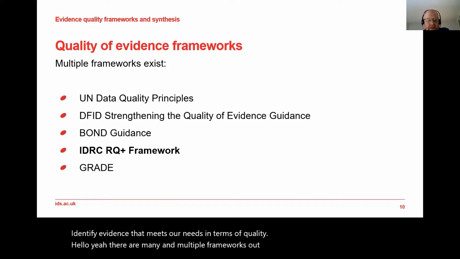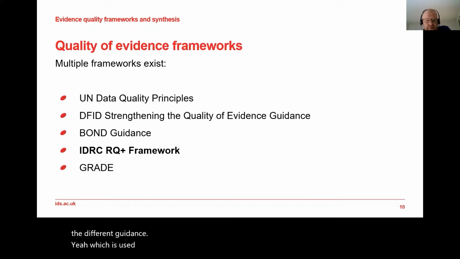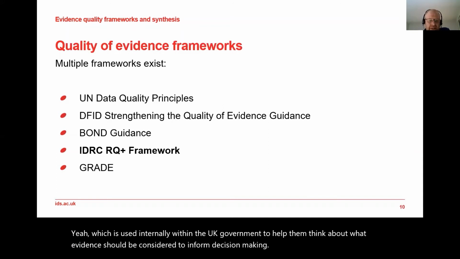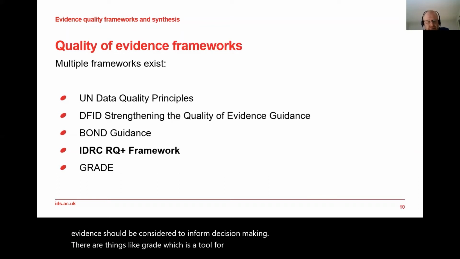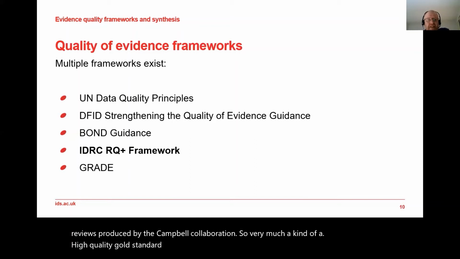These include things like the DFID guidance, which is used internally within the UK government to help them think about what evidence should be considered to inform decision making. There are things like GRADE, which is a tool for grading the quality of evidence for systematic reviews, produced by the Campbell Collaboration. So very much a high quality gold standard type approach to really rigorous evidence synthesis.